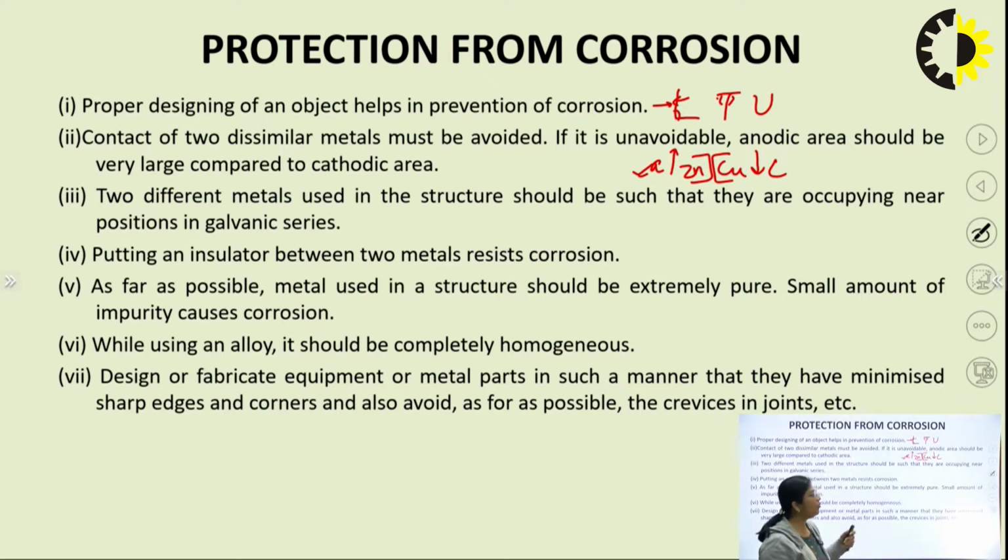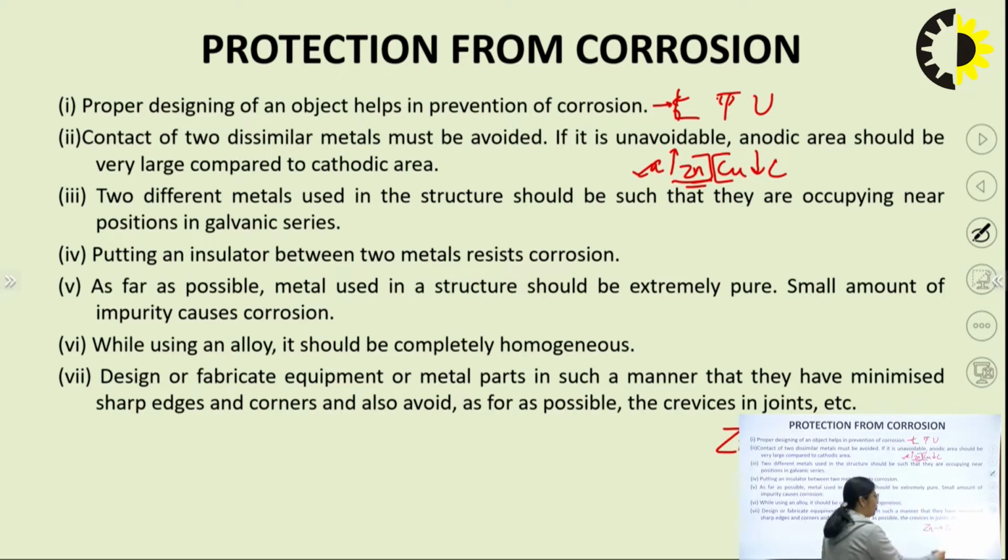And if it is unavoidable, then the anodic area should be very large as compared to the cathodic area. Why? Because oxidation takes place at the anode. If oxidation takes place, then zinc is going to form zinc ions and release an equivalent amount of electrons.